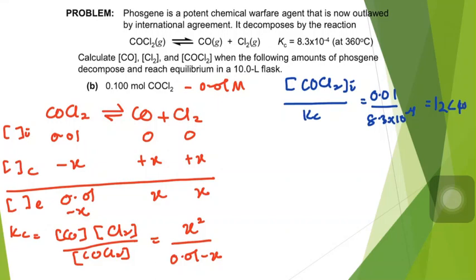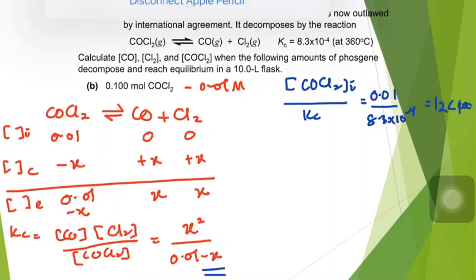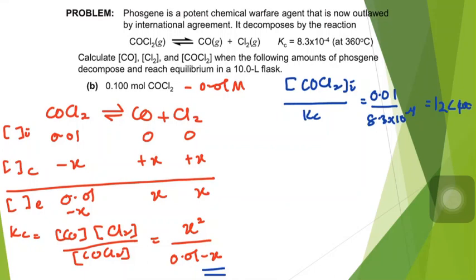Equal to 12 means that it is less than 400. So we cannot make assumption and we cannot neglect our x value. Means that to solve our x, we have to use quadratic equation.